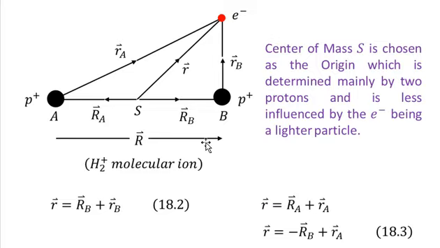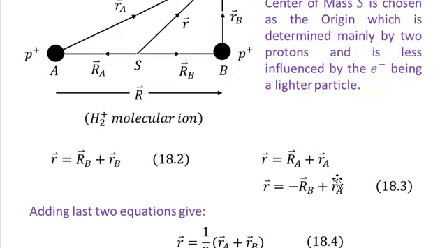This capital Ra, from this geometry, is equal to minus capital Rb, because A and B are identical particles having the same mass, so the center of mass is lying in the middle. So Ra and Rb are equal in magnitude, but Ra will be equal to minus Rb, as we have the vectorial diagram.